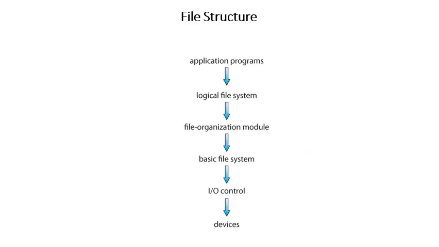Next, moving to the file system structure. The file system provides efficient access to the disk by allowing data to be stored, located and retrieved in a convenient way, as we all know.